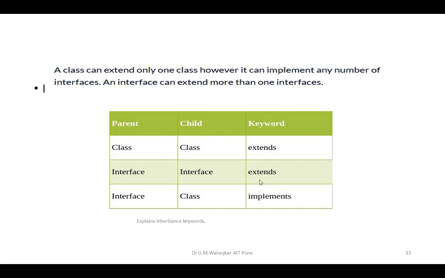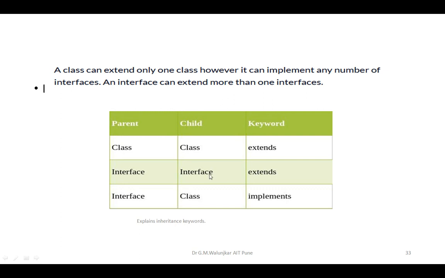Now, a class can extend only one class, however it can implement any number of interfaces, and an interface can extend more than one interface. If your parent is a class and the child is also a class, then you use the extends keyword. If this is parent class A and this is child class B, then in Java, class B extends class A. If the parent is an interface and the child is also an interface, we also use the keyword extends.